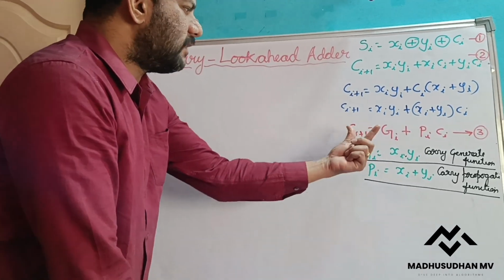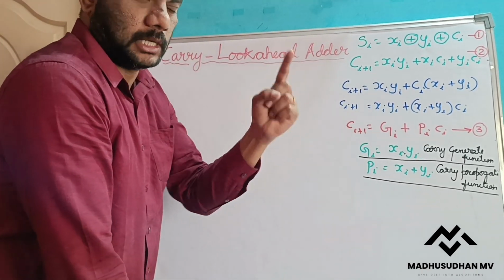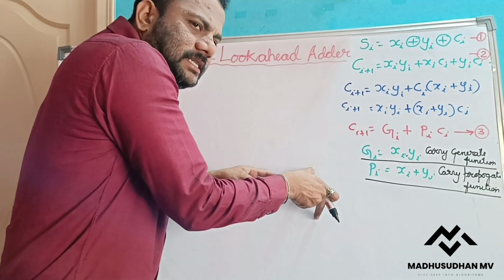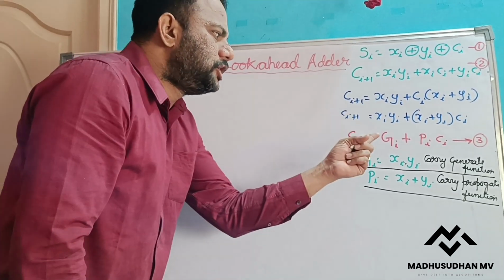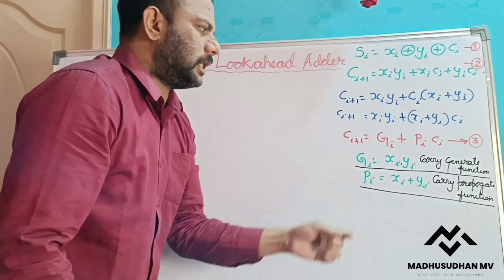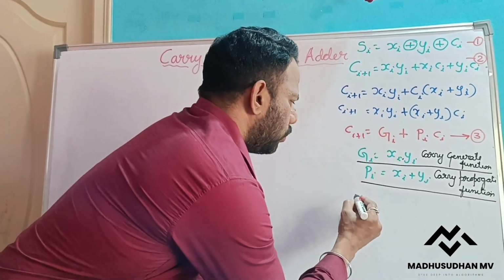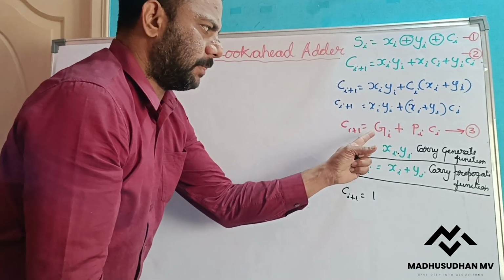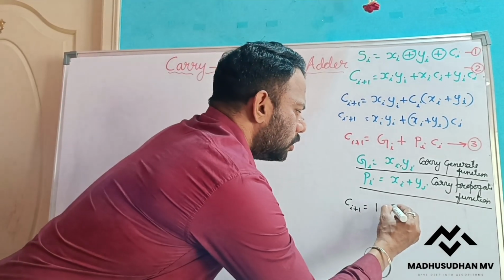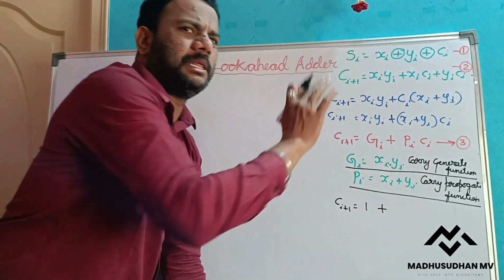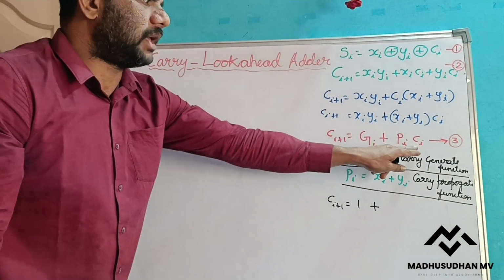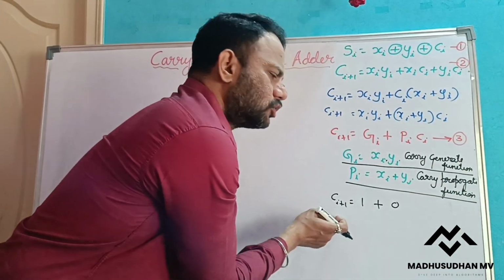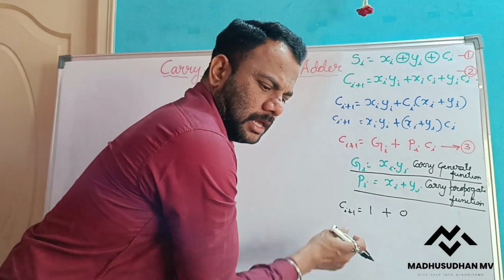Now, when will the carry out be 1? When I add any 2 bits and that stage generates a carry, gi is equal to 1. If gi is equal to 1, what happens? Ci plus 1 is equal to 1. Gi is equal to 1, then plus whatever it may be, pi into Ci, whether this term is 0 or 1. If this term is 0, then also Ci plus 1 is equal to 1, because 1 plus 0 is 1 only.